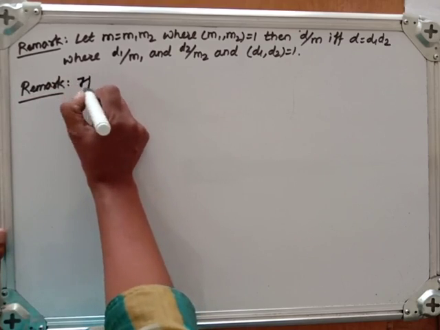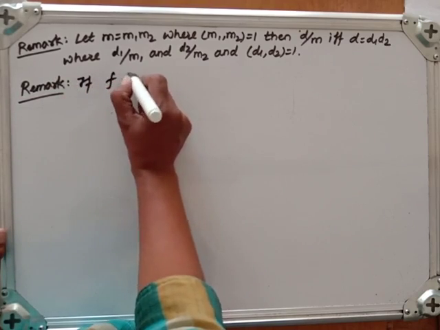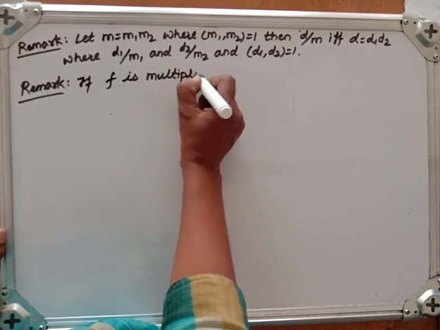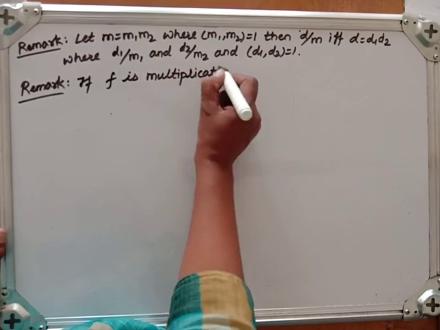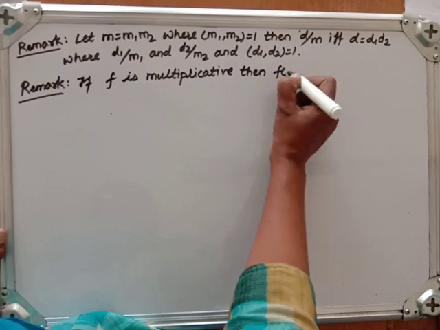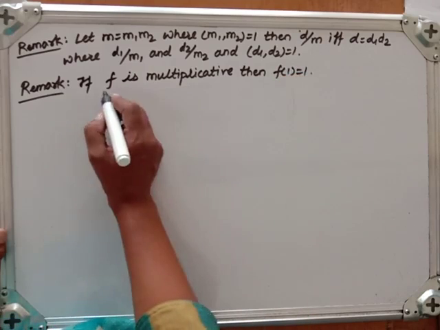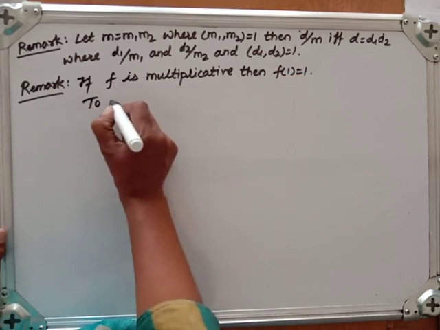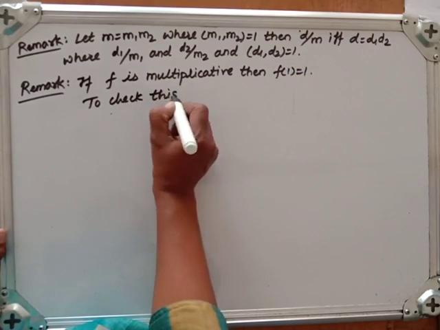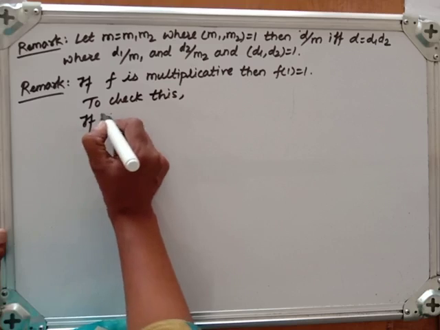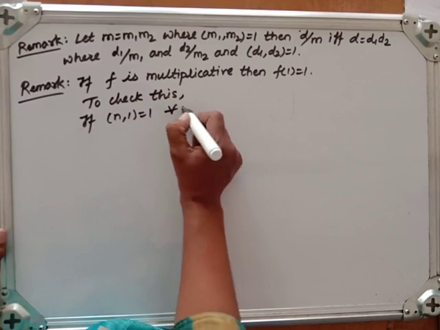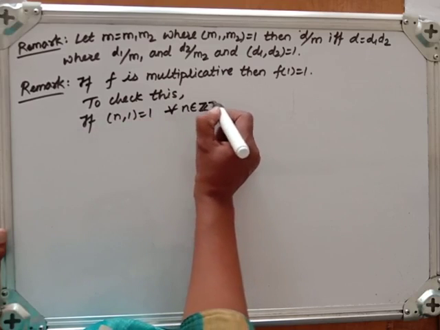Now another remark. If f is multiplicative, then f of 1 is equal to 1. To check this, n and 1 are relatively prime for all n belongs to Z plus.